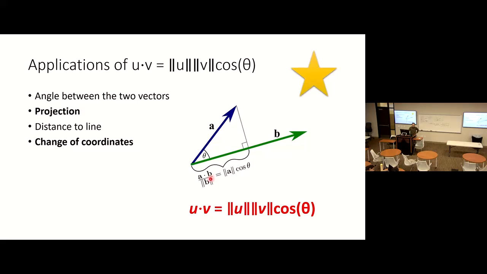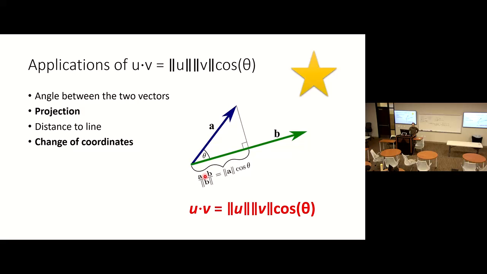Especially if B is a unit vector, then this part is 1. So the projection, how long this is, is just the dot product between A and B. So we are going to use a normalized B vector. We normalize it because we want the norm or magnitude of B to equal 1. So we simplify the equation.